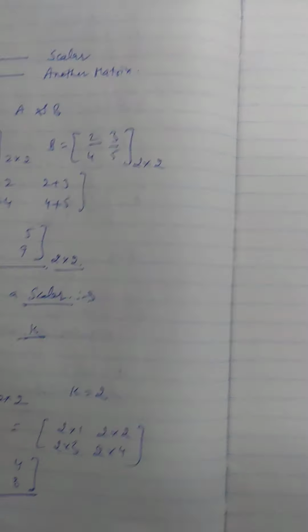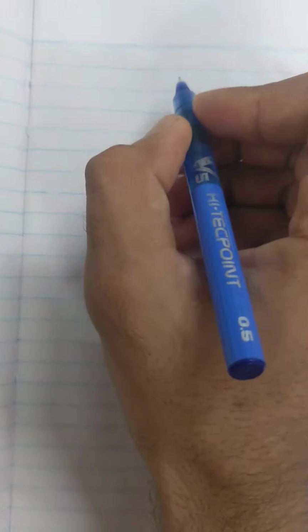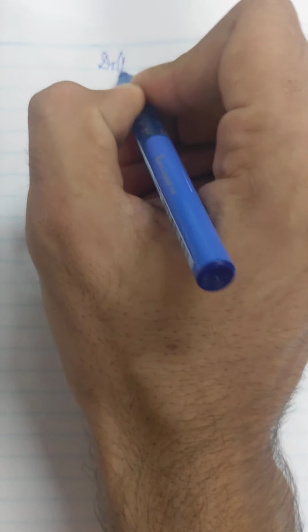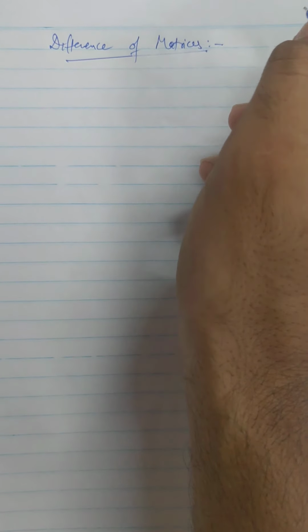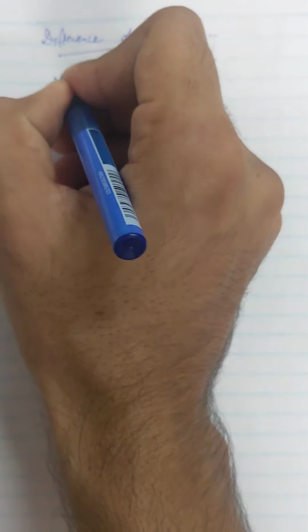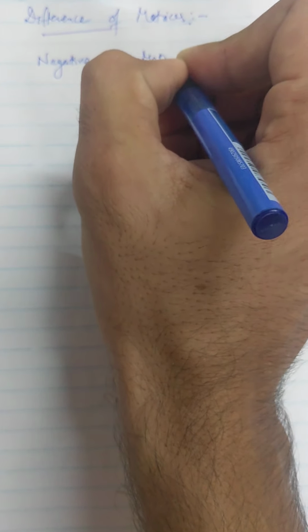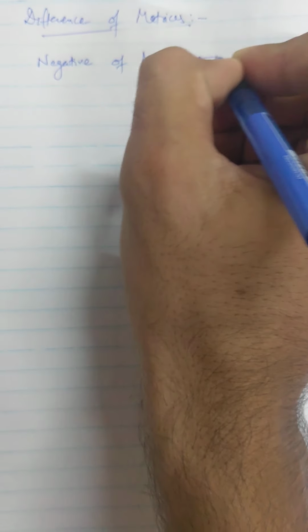Okay, so now we will see the subtraction or difference of matrices. Okay, so to see the difference, first we will have to see the negative of a matrix. Okay, so how will we find the negative?